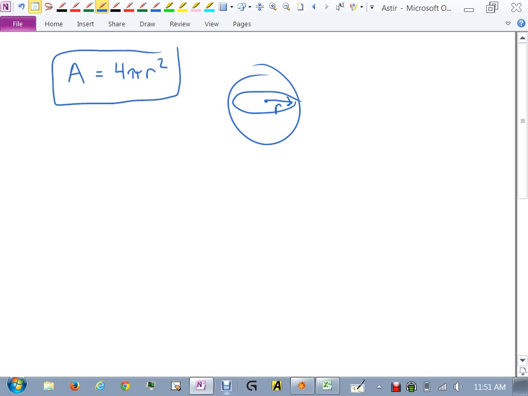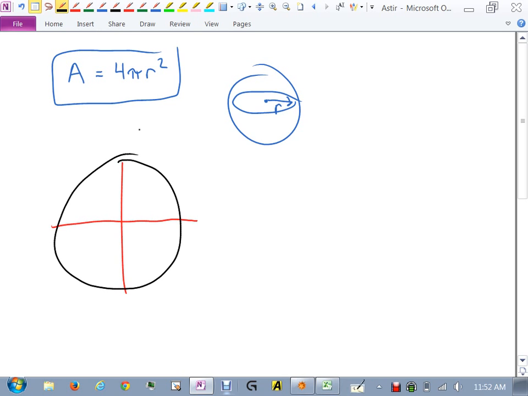So what I'm going to do, well, you tell me what I should do. Arc length. Take a piece of it. Let's look at it two-dimensionally. Let's take a circle, and just a quarter of this circle.